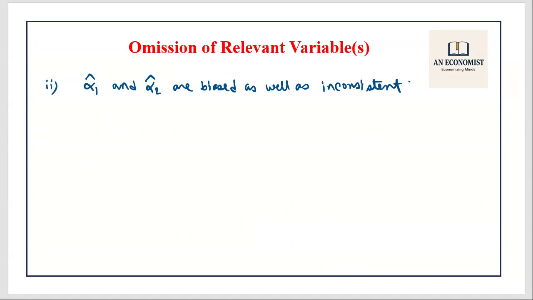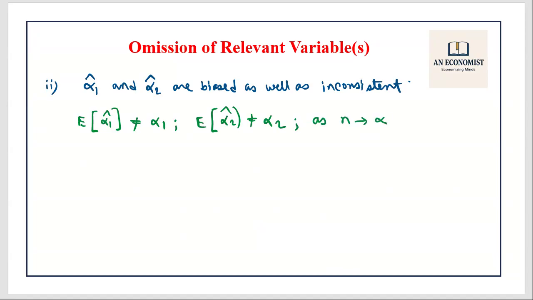What does that mean? It basically means that if you take the expected value of alpha 1 cap, it will not be equal to alpha 1. If you take the expected value of alpha 2 cap, it will not be equal to the original population parameter alpha 2. This is bias: if the expected value is not equal to the actual population value, it gives you biasedness.